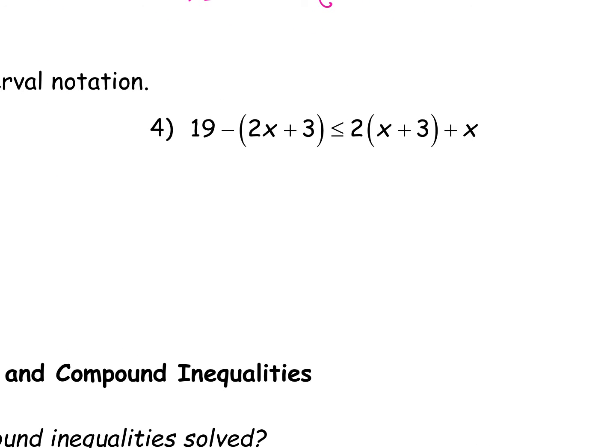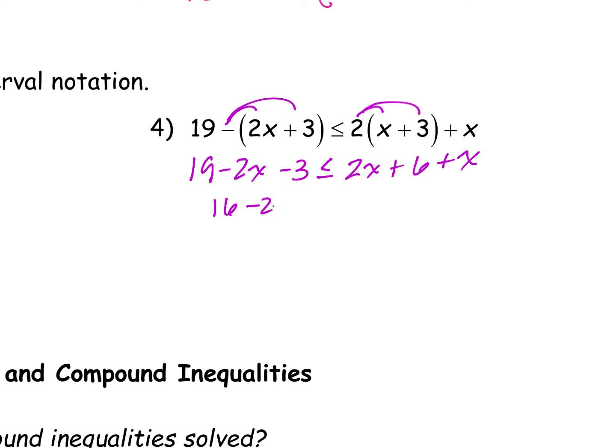I guess I'm going to distribute a couple times, right? So I've got 19 minus 2x minus 3 is less than or equal to 2x plus 6 plus x. So if I simplify both sides, I've got 16 minus 2x is less than or equal to 3x plus 6.